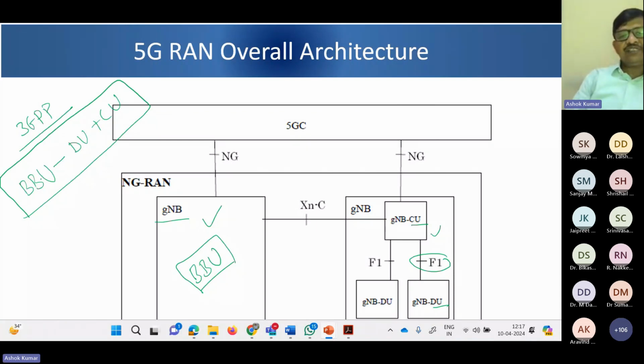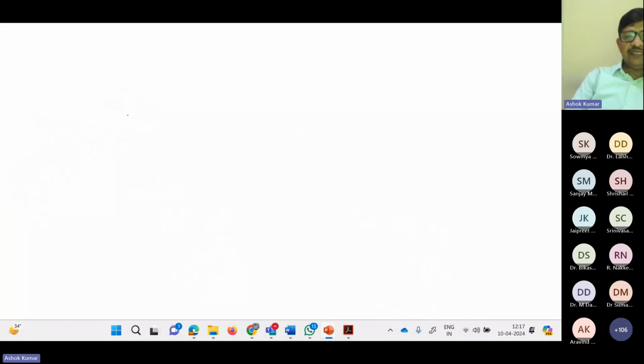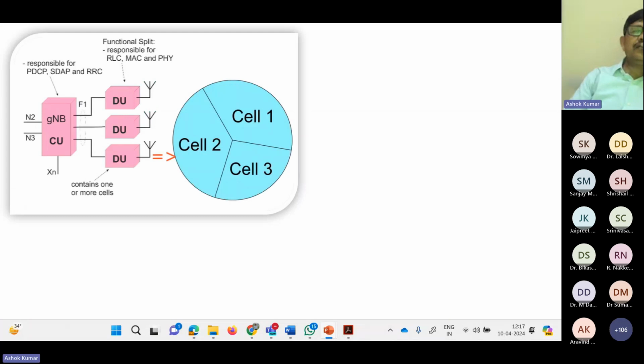So if you look at which layers will be handled at DU and which layers will be handled at CU, they have defined that. Basically, if you look at this picture, this is the gNodeB being divided into DU and CU, where one CU can handle multiple DUs. The higher layers, PDCP, SDAP, and RRC, are handled at the CU.